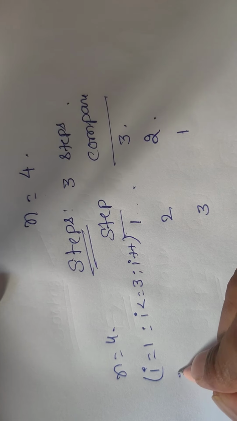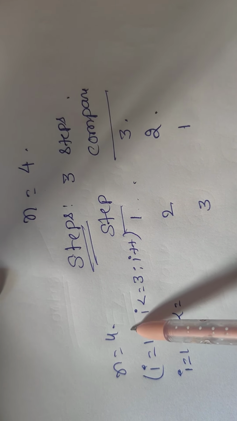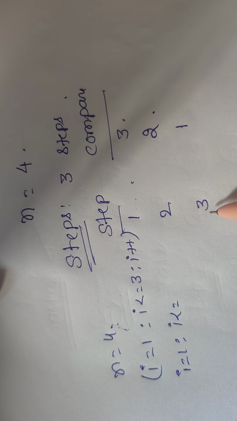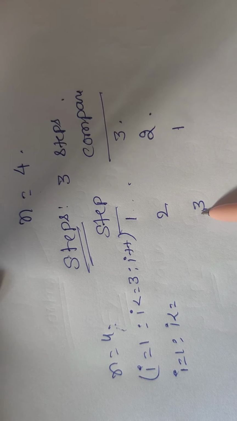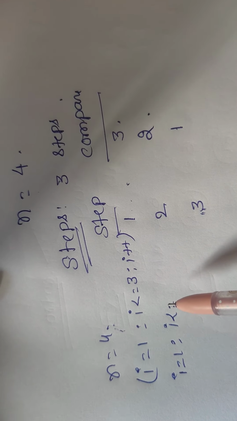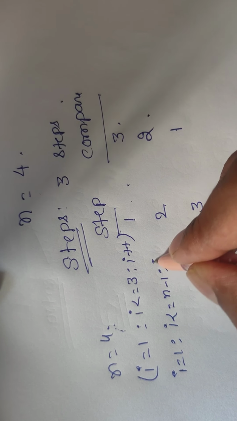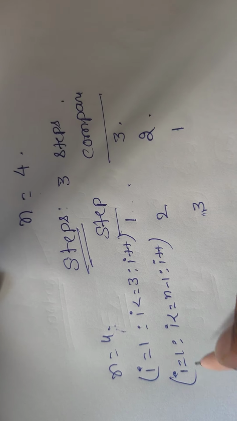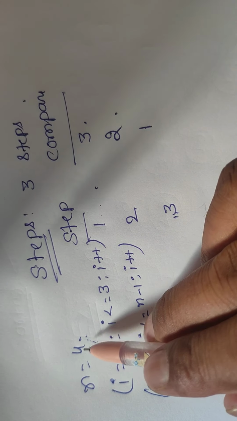Here i equals 1; i less than or equal to 3 because n equals 4, that's why there are 3 steps. If n equals 5, there are 4 steps. If n equals 6, there are 5 steps. Based on the n value, we write i less than or equal to n minus 1, i plus plus. This is the one loop we can create, running the number of times based on the n value.